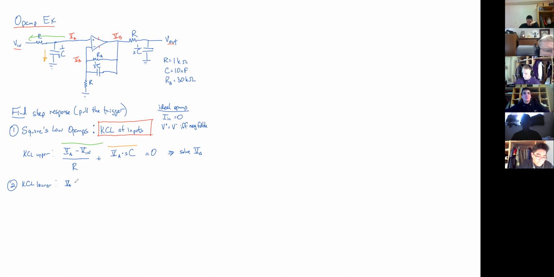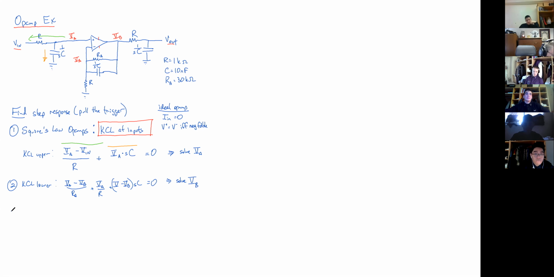VA minus VB over RA, and then VA minus 0 over R, and then VA minus VB over 1 over SC, which would be the same thing as times SC, and all that equals 0. Yep. And so now that you know what VA is as a function of Vn, now you can solve this for VB.